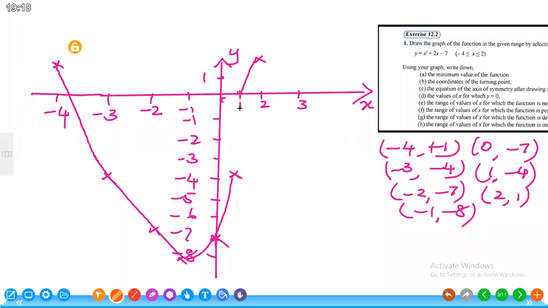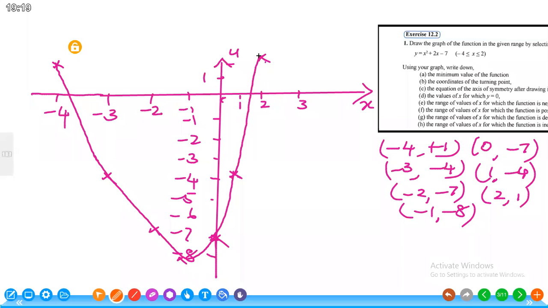Comma 4, -4, right, and also erase this part. Okay, now join the points, right? Okay, the equation of this graph is y is equal to x squared plus 2x -7, right?